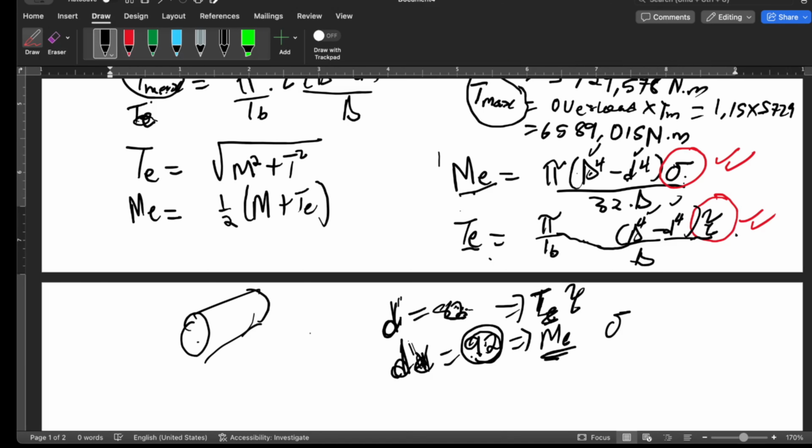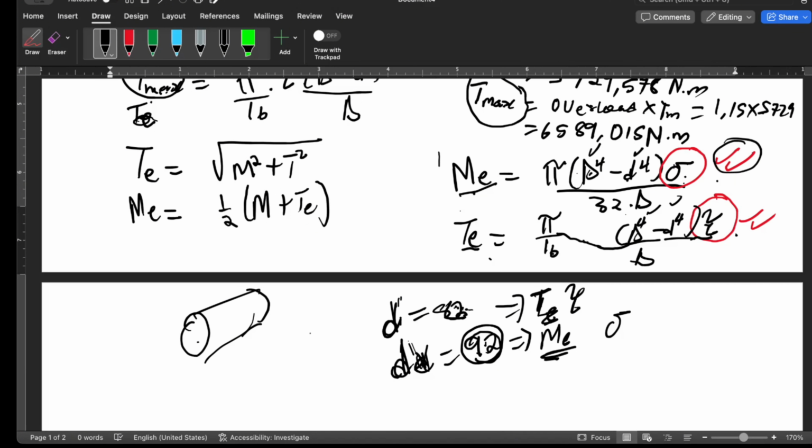Yes, so in this question you use the equivalent bending moment. No, this was just an example. I was asking which formula you are supposed to use between the two, and he said in this case we use the equivalent bending moment. I said yes, because we are only given the equivalent bending moment.